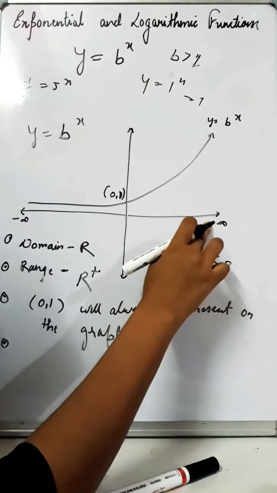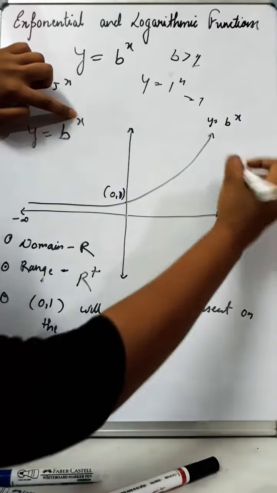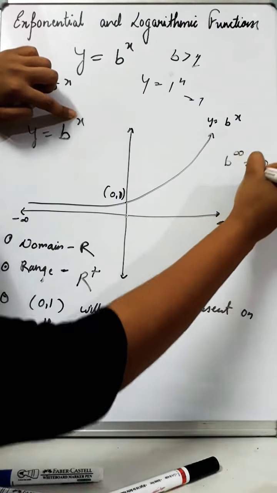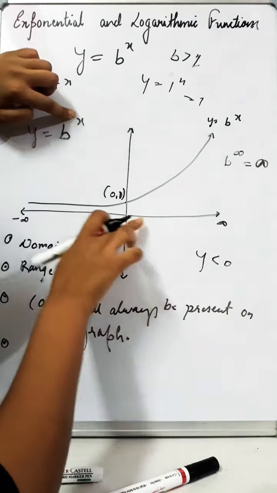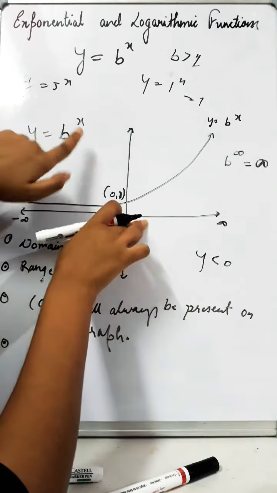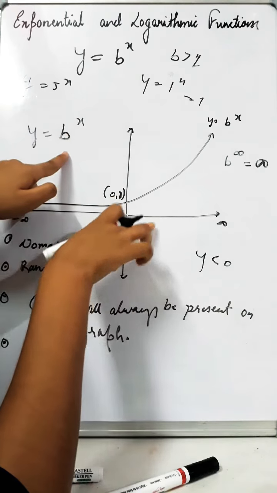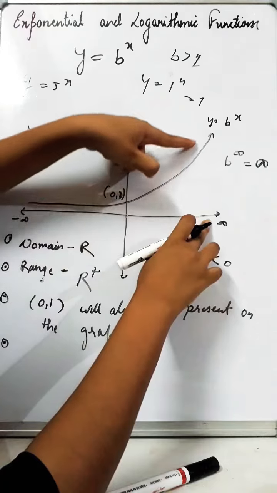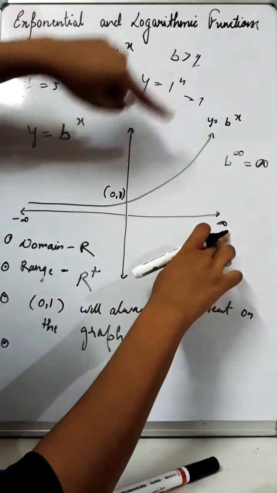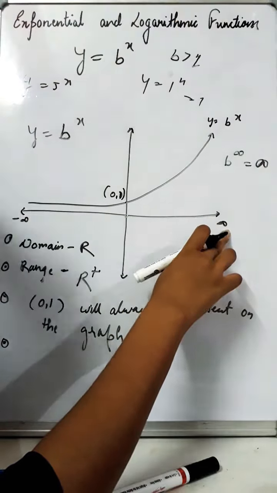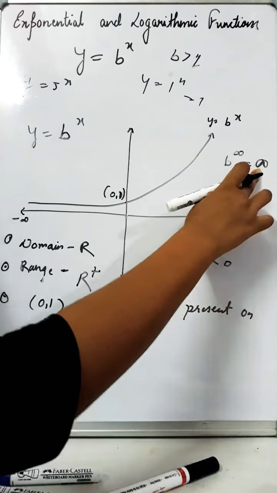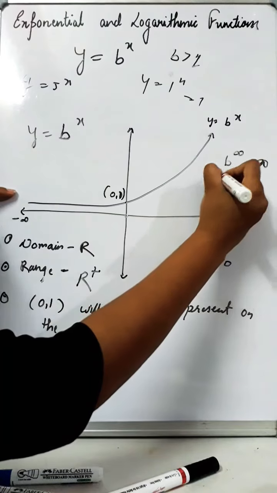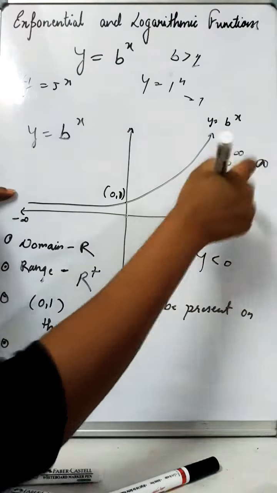So b to the power infinity, means if you put x as infinity, you get infinity only. So b to the power infinity is infinity.